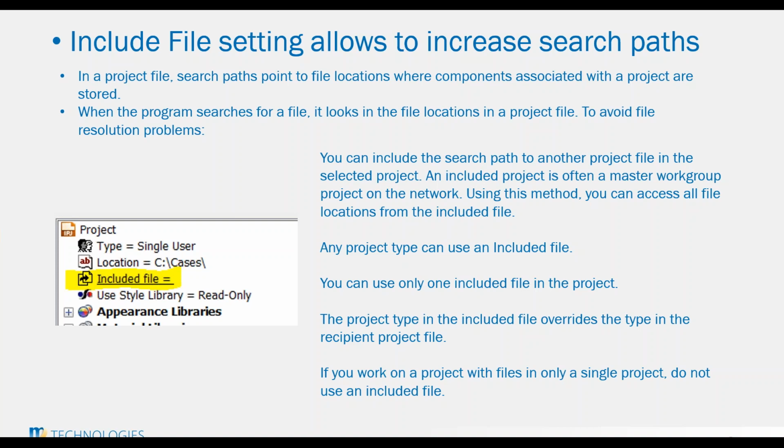Again, this is not widely used, but it allows you to increase the level of search paths for your files. As I go through the rest of the presentation, it really is still there, I believe, from the semi-isolated and shared legacy project files.